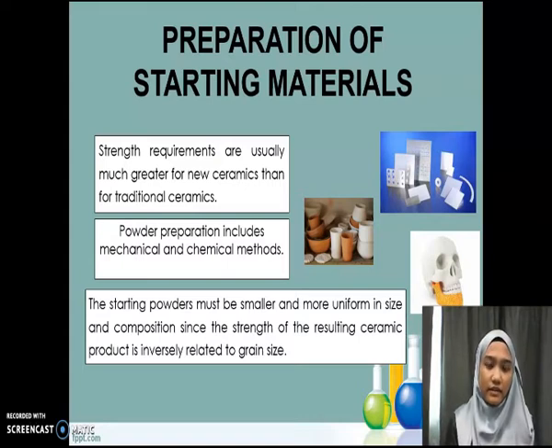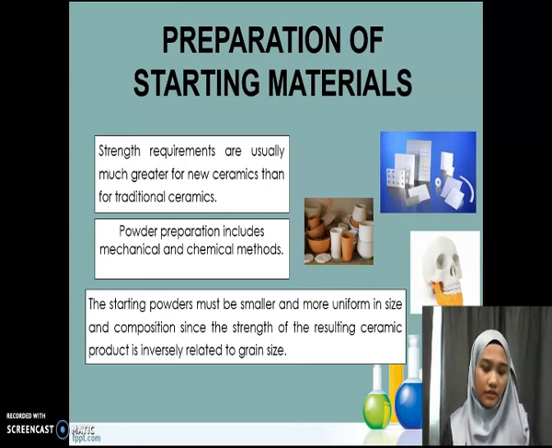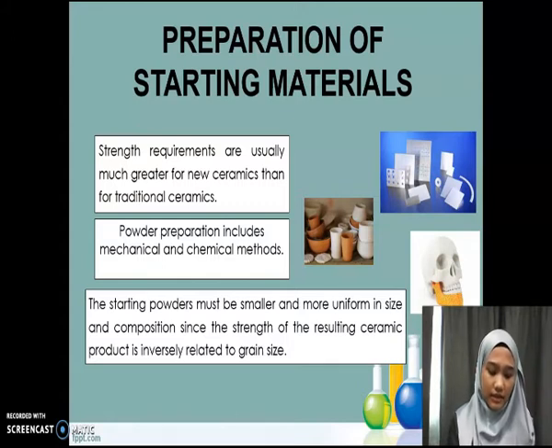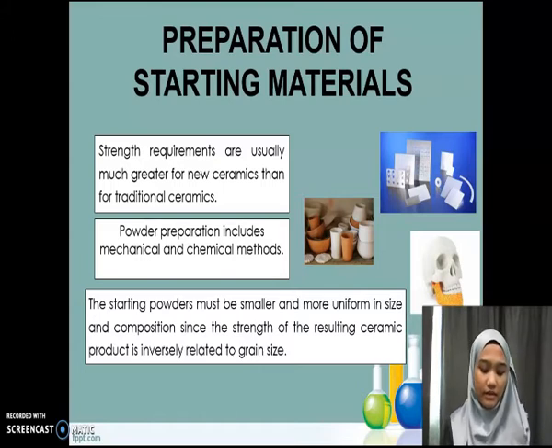So to prepare the ceramics, we need the powders that must be smaller and more uniform in size, because it will be processed and become more solid. And the example of raw materials for traditional ceramics such as clay minerals, and if nowadays the advanced ceramics that is used as the raw materials is silicon carbide.